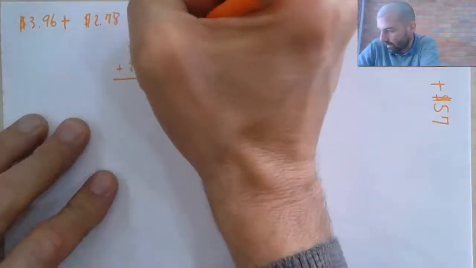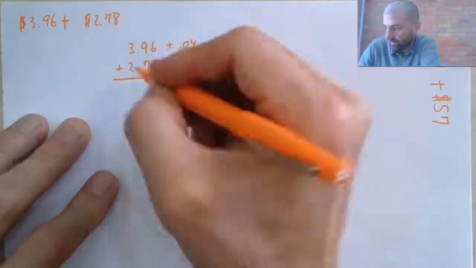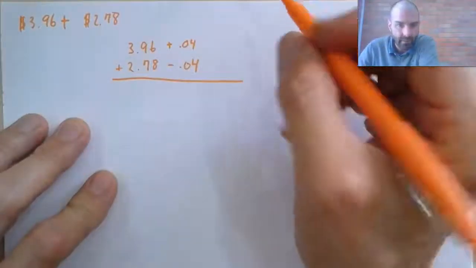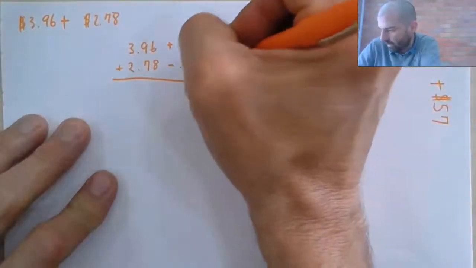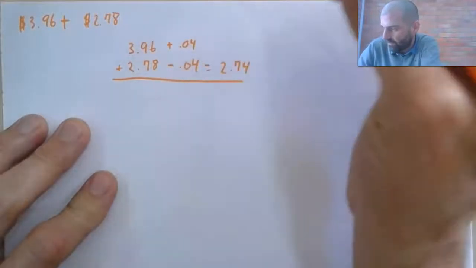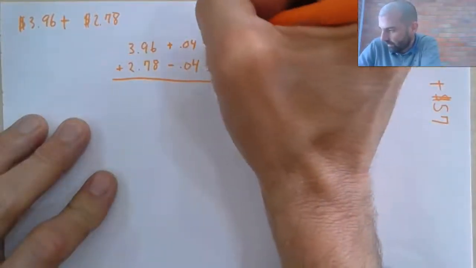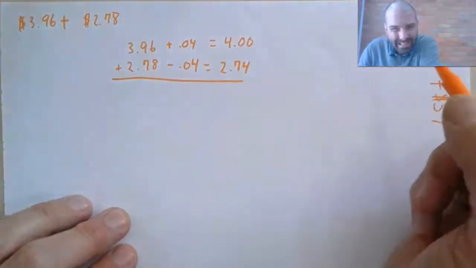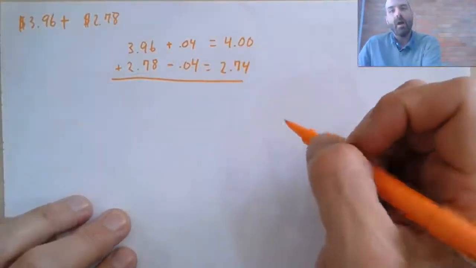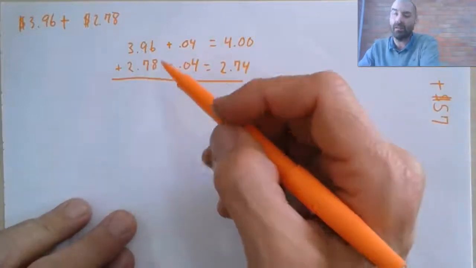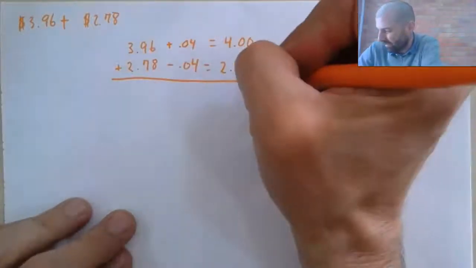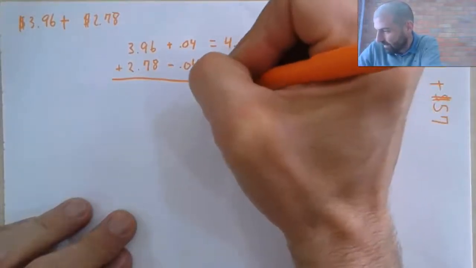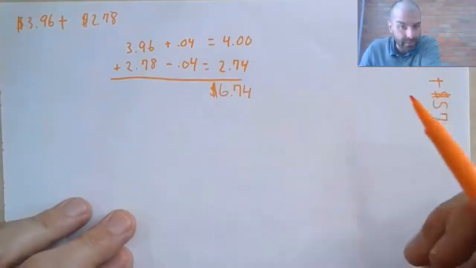So I want to take 4/100ths from 2.78 to change my equation to 2.74 plus 4. Isn't that way nicer to look at? Isn't that simpler? Because with this one you're like, oh, I gotta carry all this stuff and remember the ones and stuff. So $6.74.